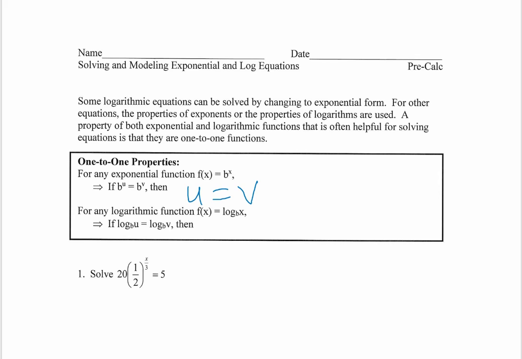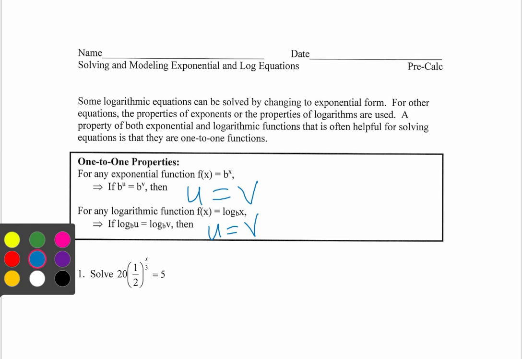Similarly, with log functions, if it's the same log base and they're equivalent, then the numbers inside also have to be equal. So again, u is equal to v. Just like we did before where we were trying to get things to match up with bases, we're going to be doing the same thing to try to solve these questions. So let's go through and hopefully you'll see more what I mean with these next couple.